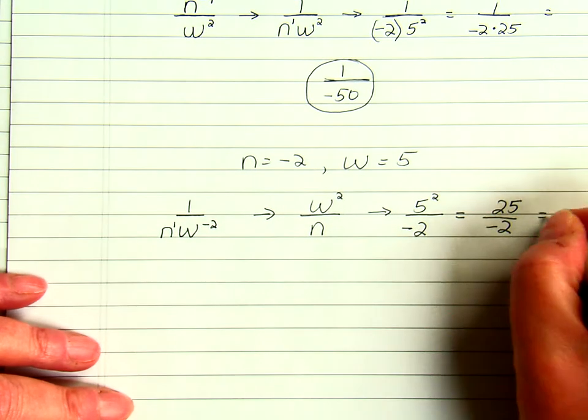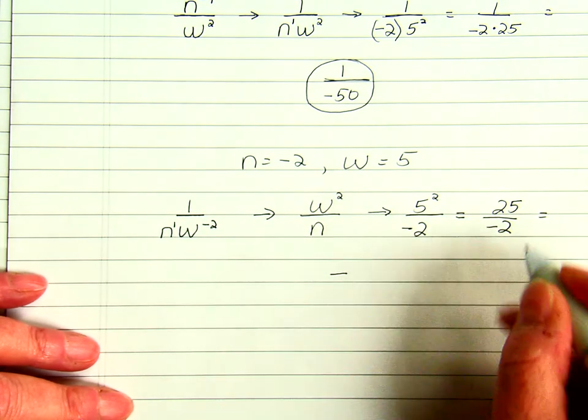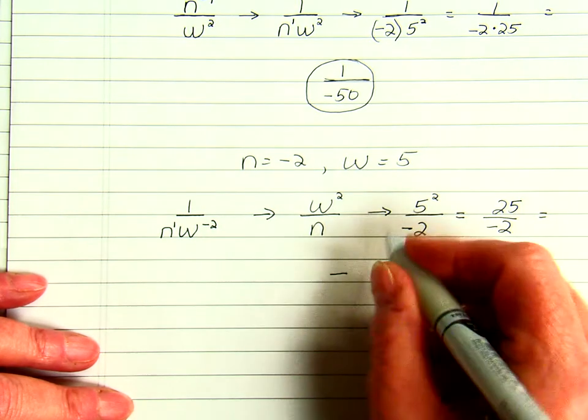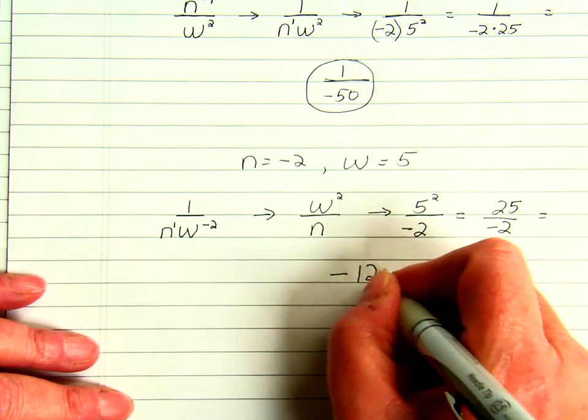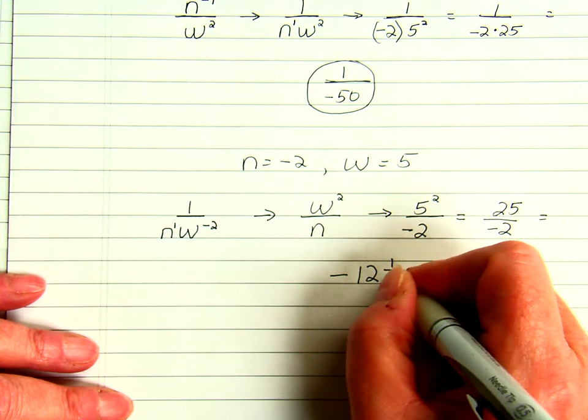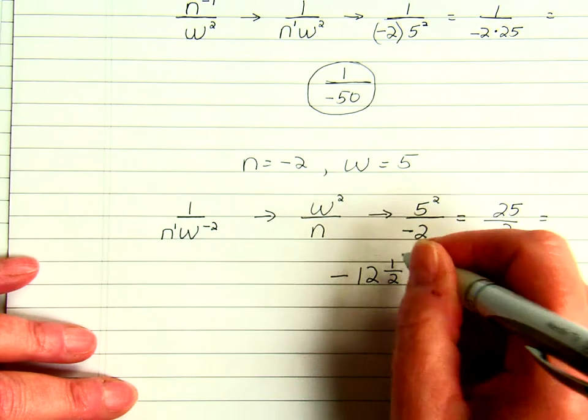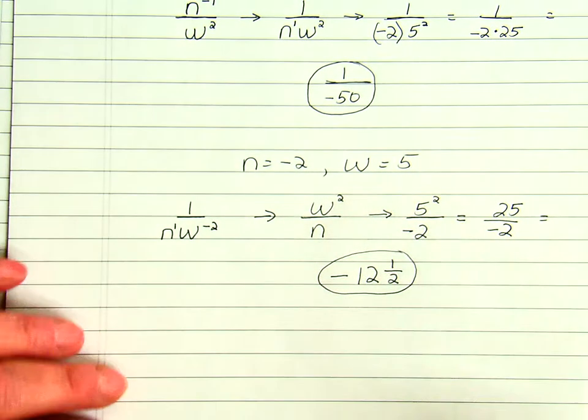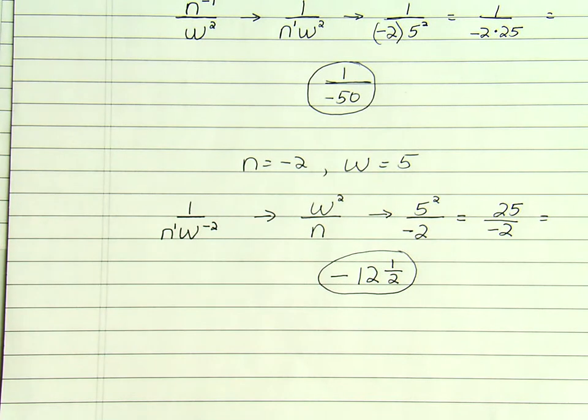Negative 2 will go into 25 12 times with 1 left over, and our denominator is 2. So our answer here is negative 12 1/2. Okay, so this is how we evaluate these exponential expressions.